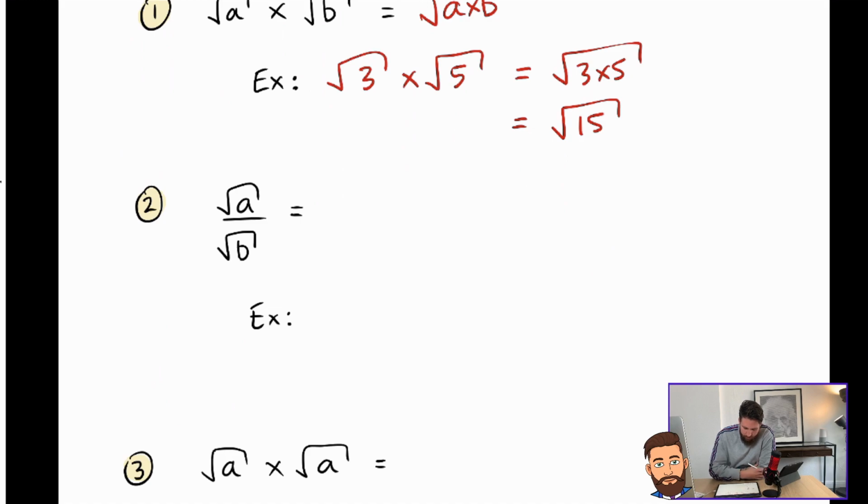The second law that we need to know is that the square root of a over the square root of b can be written exactly like example 1 as one big square root with a divided by b inside of it.